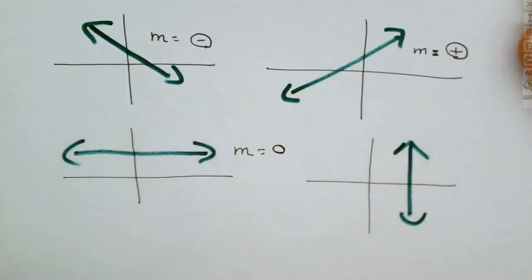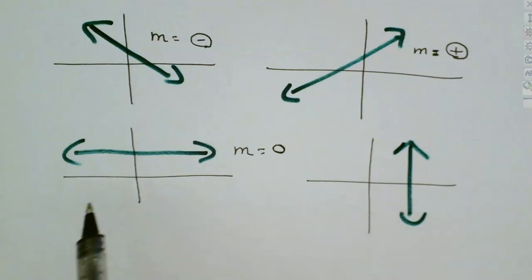Why does it have a slope of 0? It goes left and right. Now, when we talk about our slope, right? Slope is rise over run. Are we going up or down any units at all? No. So that means the numerator would be 0, and 0 divided by any number is 0. So horizontal lines have a slope of 0.